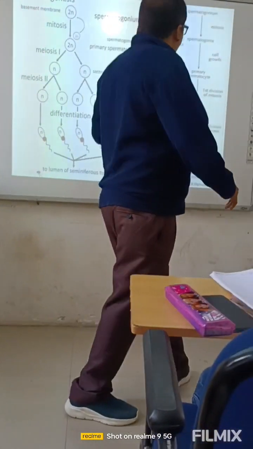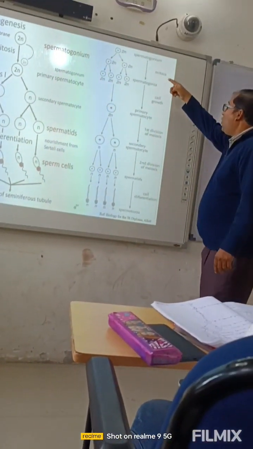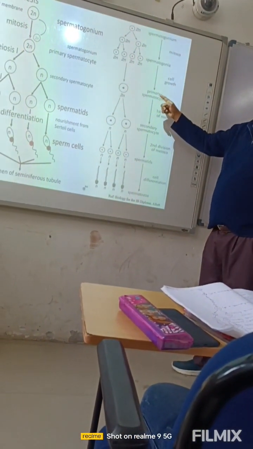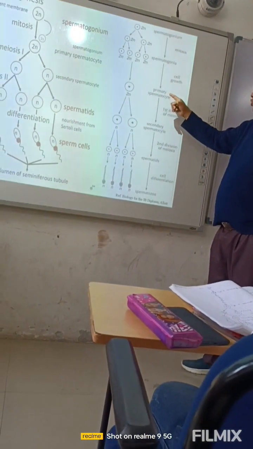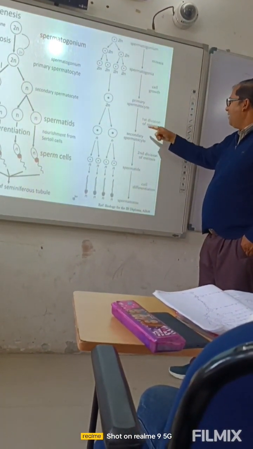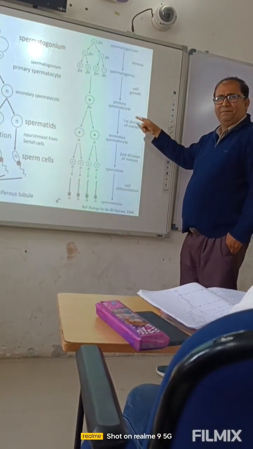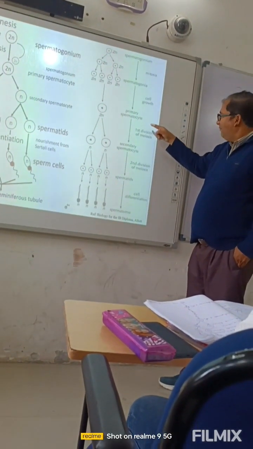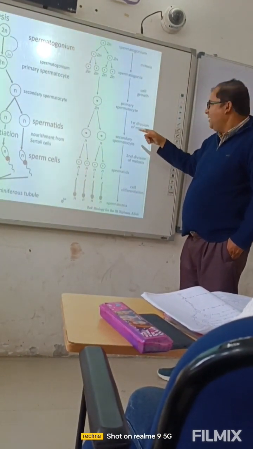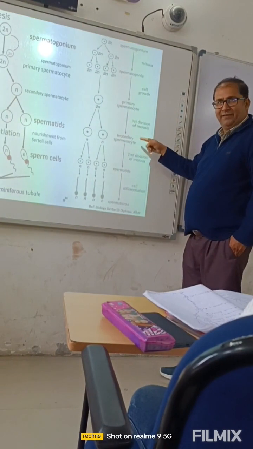See here, this is the growth phase, from spermatogonia to primary spermatocyte. After that comes the first meiotic division, and on completion of the first meiotic division there is the secondary spermatocyte.